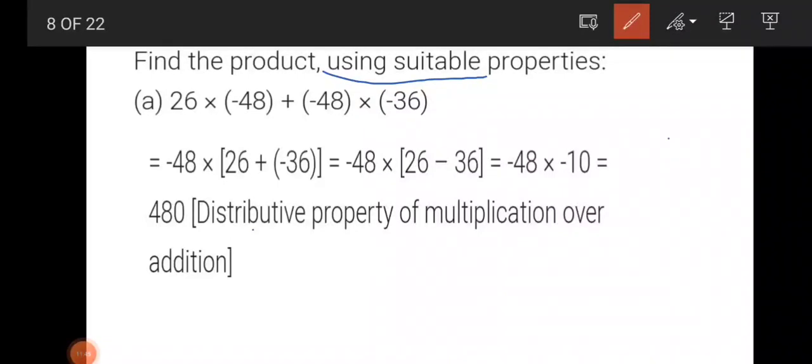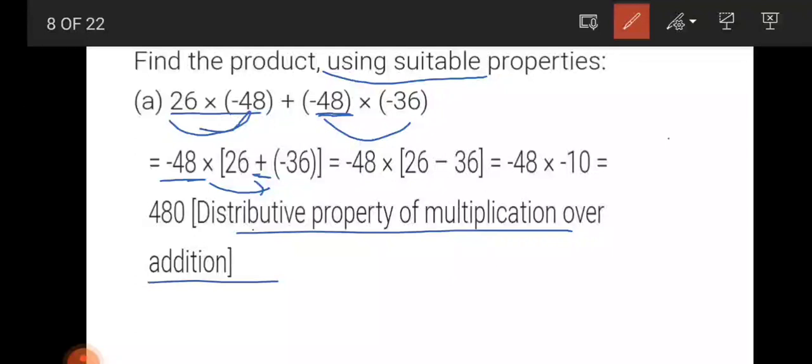First I see that 48 is common. Here is 48 and here is minus 48, so that's why I take 48 common. And this property converts into the distributive law, sorry, the distributive property of multiplication over addition, because here is a plus sign, so that's why it is addition. If I open this identity, you get the answer as it is.